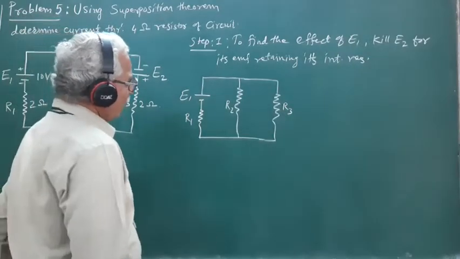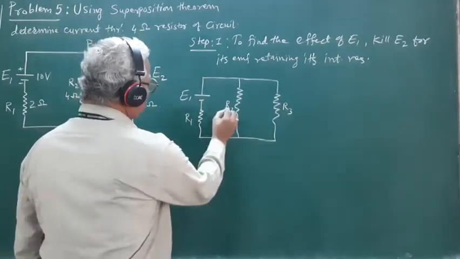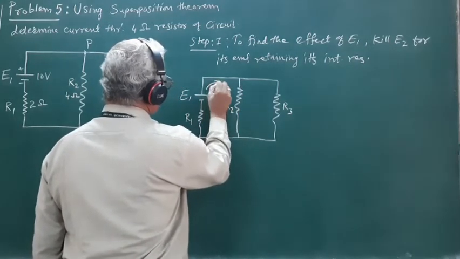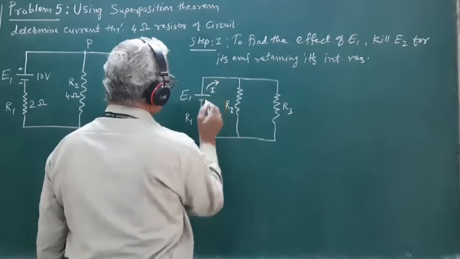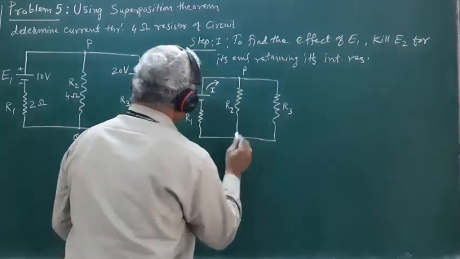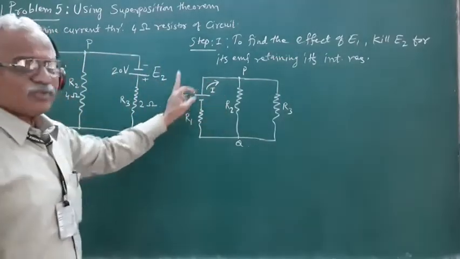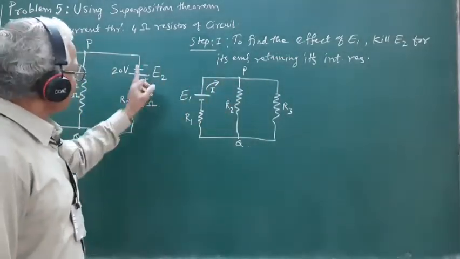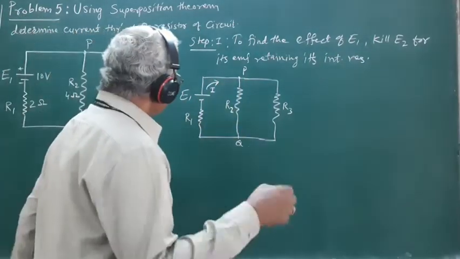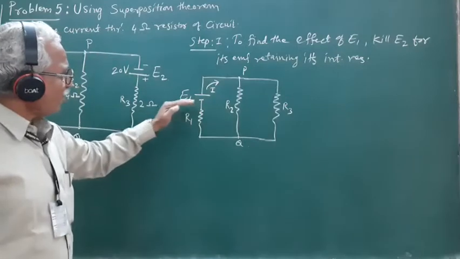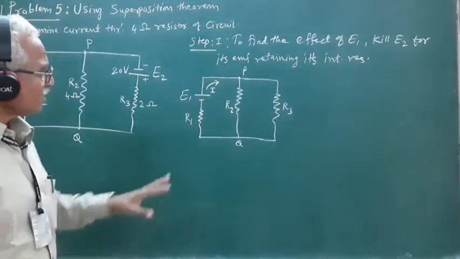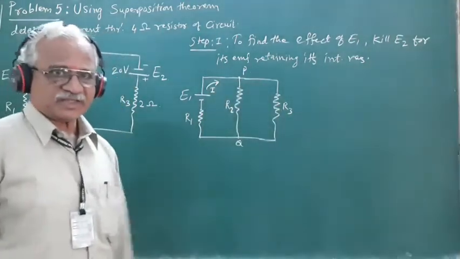So to find out the current flowing through this resistance R2, first we have to obtain the total current I flowing through the circuit, or the total current I drawn from the source E1 when E2 is killed for its EMF. So in order to find the total current I drawn from the source E1, we must first know what is the total resistance of the circuit.